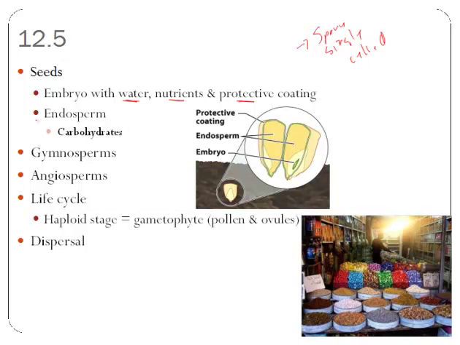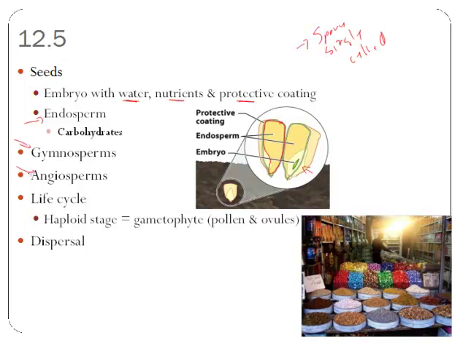The endosperm layer inside the seeds, and that's the majority of the internal layer of the seed, so all of this is endosperm, contains carbohydrates. Usually when we eat seeds, it's that endosperm that we're after, that carbohydrate layer that was put in there as a nutrition source for the embryo.